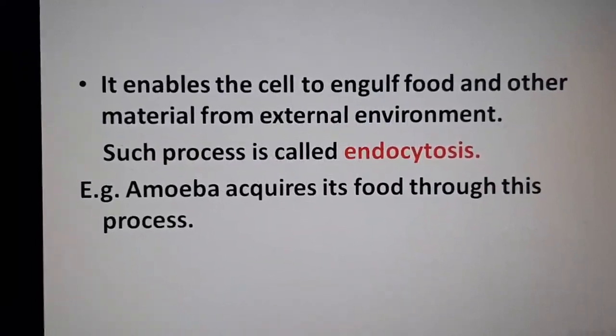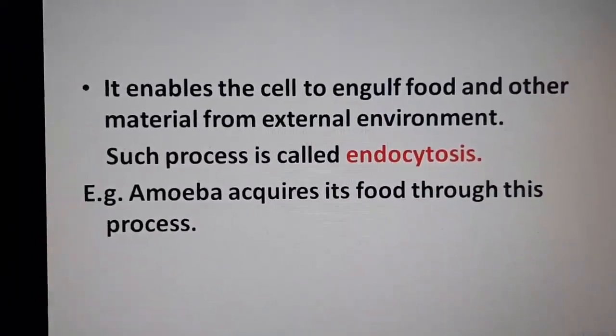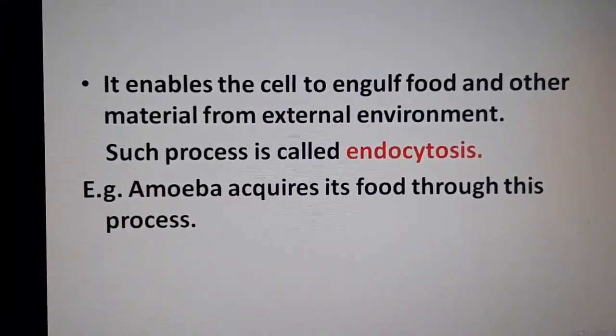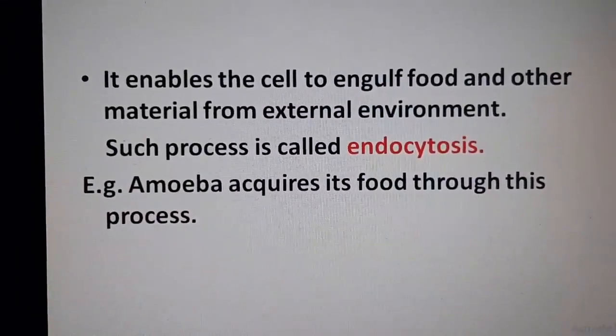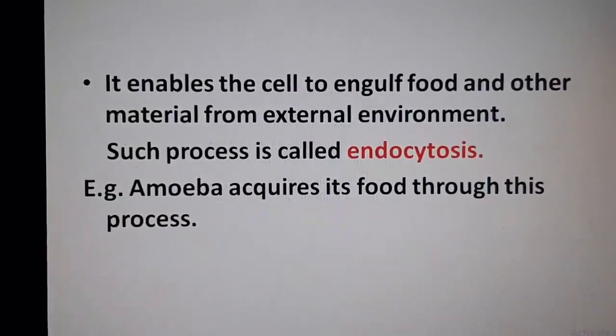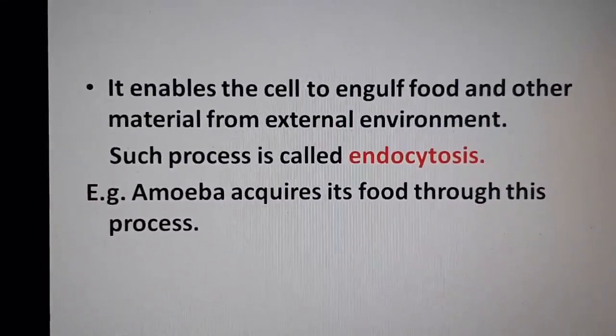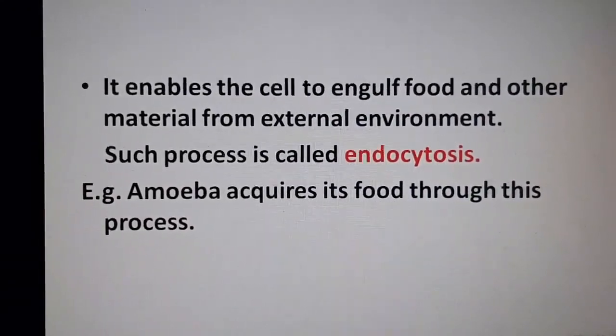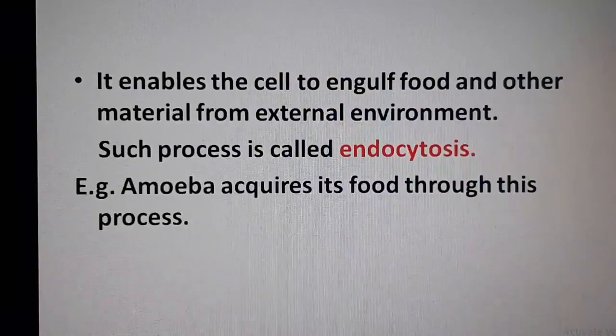Engulfing food means taking the food inside, and such a process is called endocytosis. This process is observed in amoeba, which has an irregular shape, and it obtains its food by engulfing it through endocytosis.